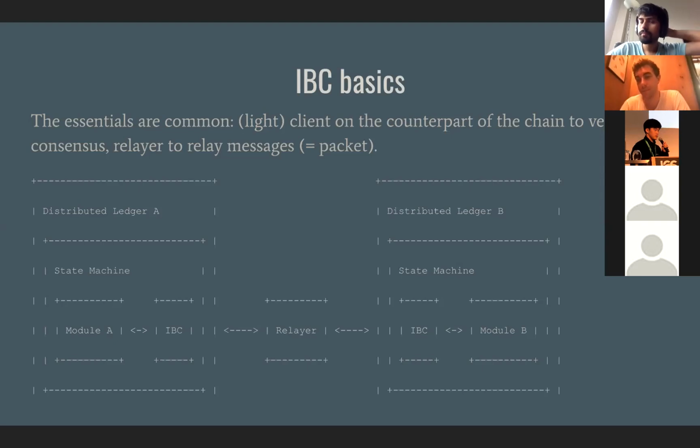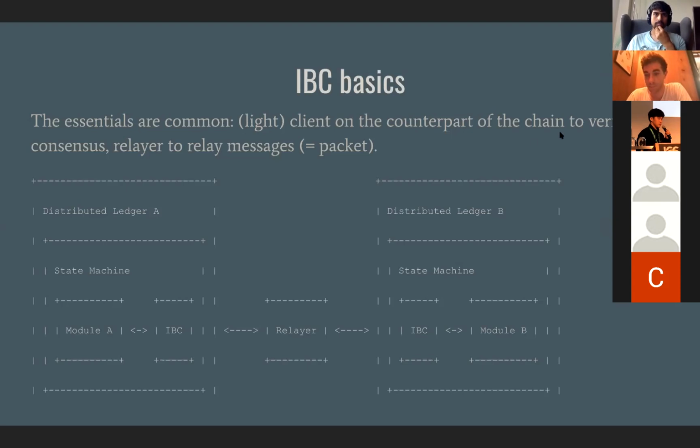Like most cross-chain implementations, the essentials are a light client approach: you have a client on the counterpart chain, and the light client can verify the other chain's consensus. And there is a relayer to relay messages, which in IBC are called packets.